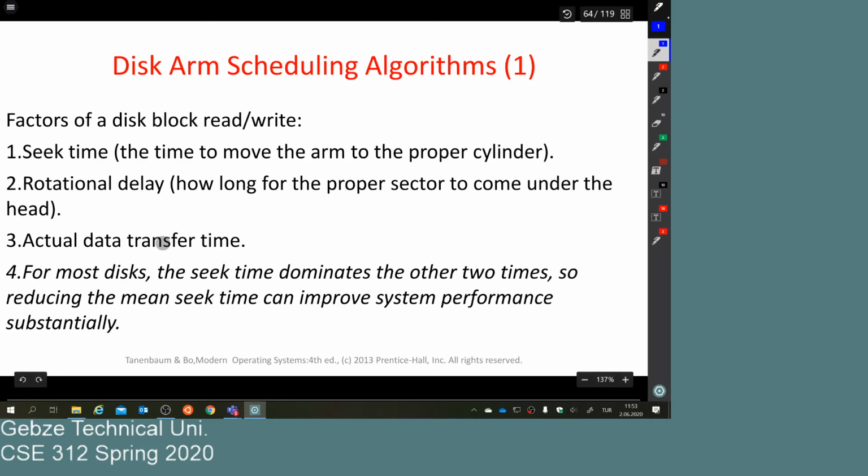There are actual data transfer times for the SSDs. This elevator algorithm or the shortest seek doesn't apply to SSDs, and interleaving or the cylinder skew don't apply either. Even for low level formatting, there are no sectors on an SSD. So most of these kinds of discussions are not valid for SSDs.